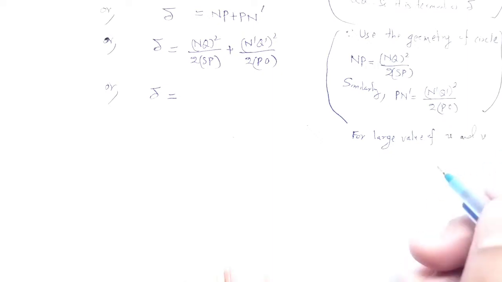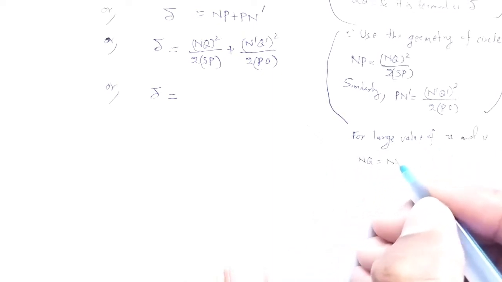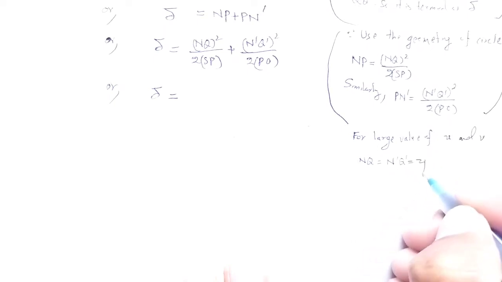In that case NQ is equal to N dash Q dash, and that value will be y.